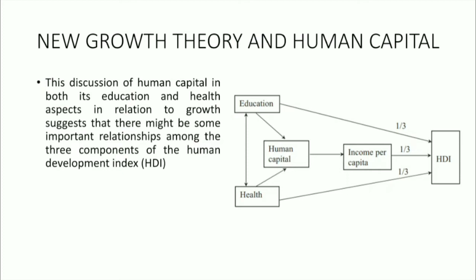However, it also can have an indirect impact on the HDI via its impact on human capital and thereby on per capita GDP. And health also has a direct impact on the HDI through its one-third weight and indirect impact also on the HDI through human capital and per capita GDP.